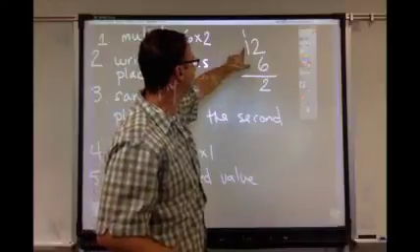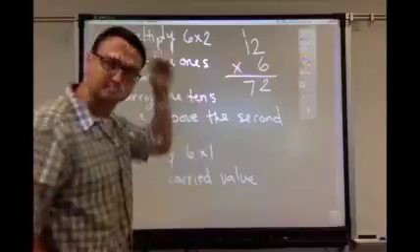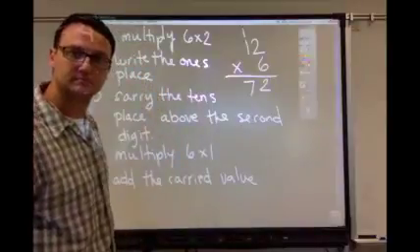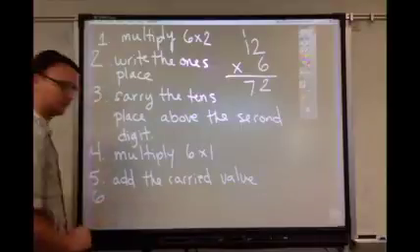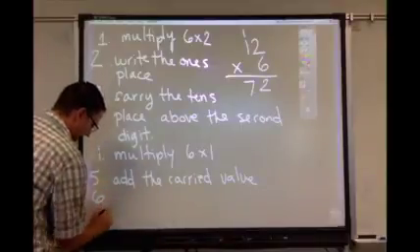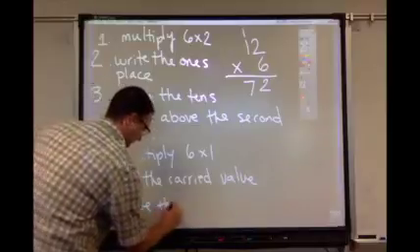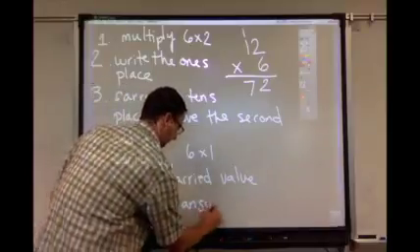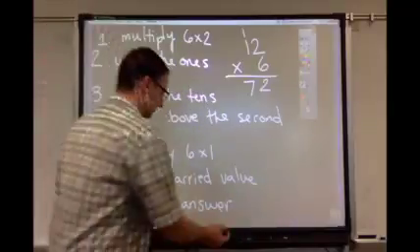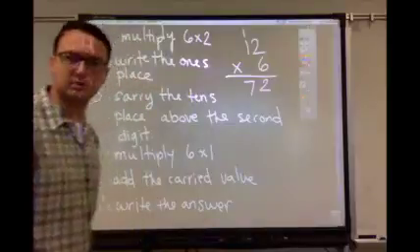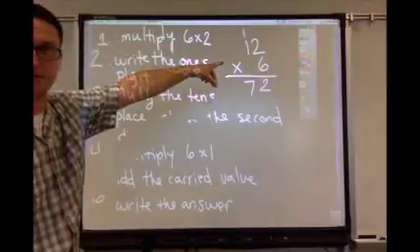So 6 times 1 is 6 plus 1 is 7. And then I'm going to write my answer. And those are your rules on how to multiply in this format.